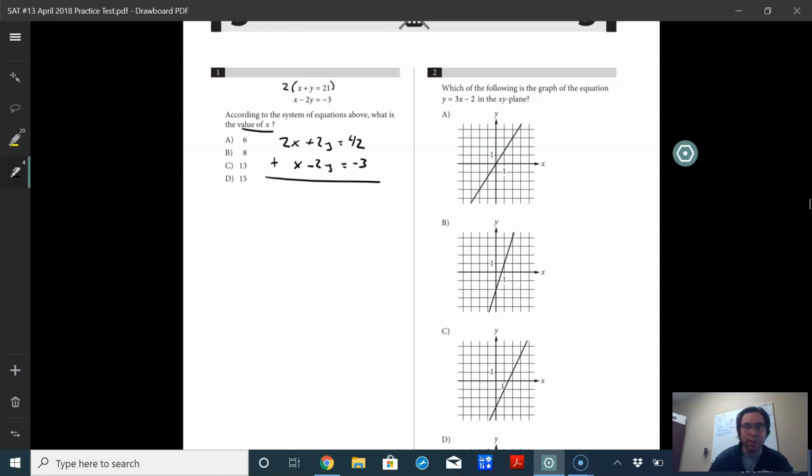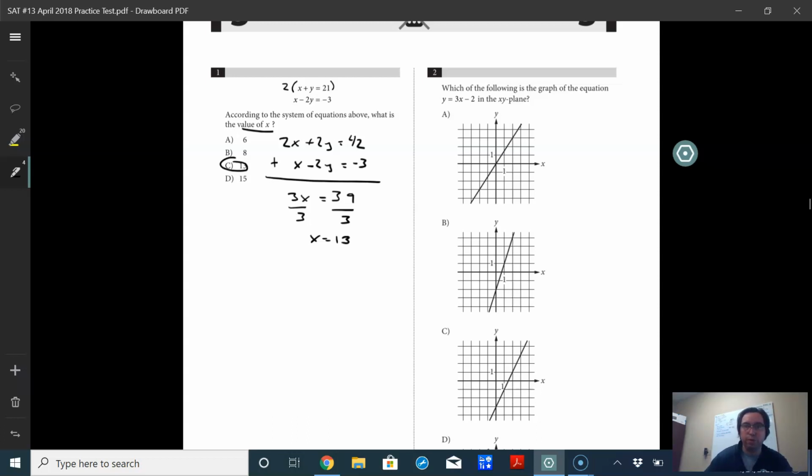That's why we're doing that. Now we're left with 3x equals 42 minus 3, which is 39. Then we divide by 3 and get x equals 13. So that gives us answer choice C.